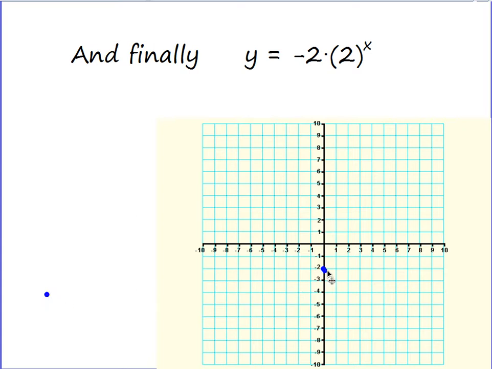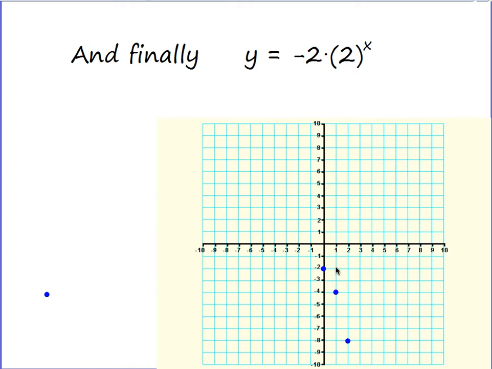Isn't -2 times 2 -4? And -4 times 2 is -8. And then on the next point, I'd be clear down at -16, right?